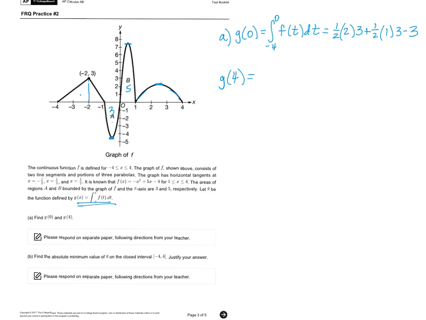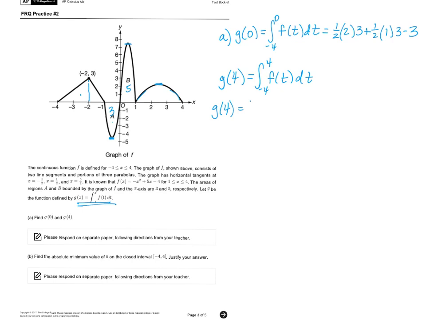The reason I say you might want to get the number is because when you're doing g of 4 and you have to go from -4 to 4 of f of t dt, again, I'm going to tell my grader what I'm doing. That's going to be equal to g of 4.